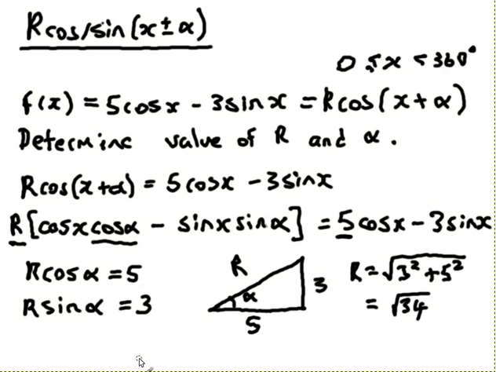Well, the simplest way of doing that, if you ask me, is to just say tan alpha, from dividing those two equations, or if you like, just from the diagram, tan alpha is 3/5, and therefore alpha is going to be inverse tan of 3/5, which comes to 31 degrees, correct to the nearest degree.